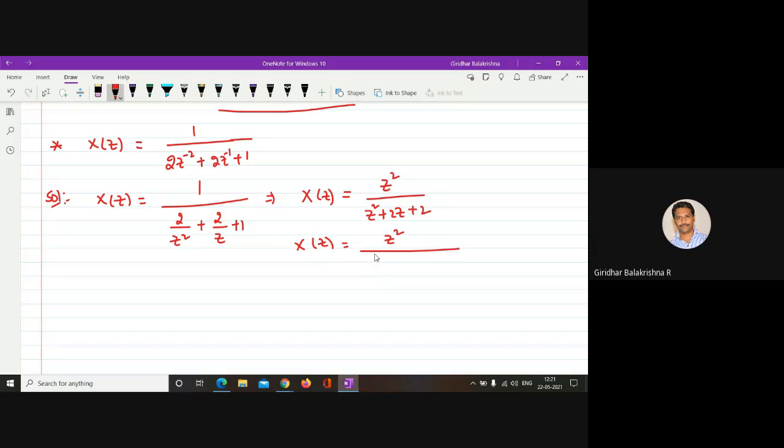Use the calculator, or use minus b plus or minus square root of b square minus 4ac by 2a.